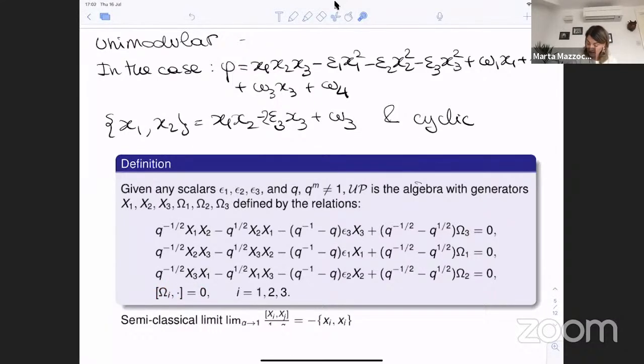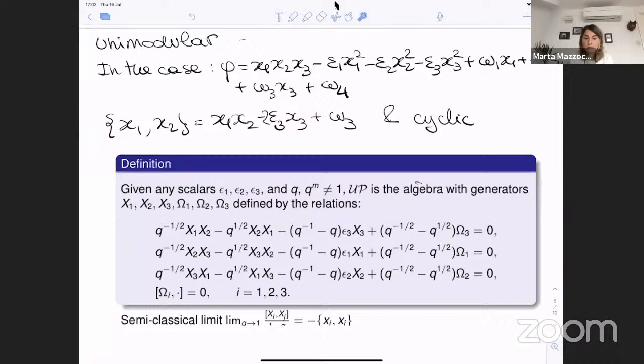And then we quantize this relation in this form. So what we have is that the Poisson bracket is quantized to a commutator of operators, but because there is a quadratic term here, essentially we find the quantum commutator. Then we have the linear part, which will correspond to this term, and then the constant part, which corresponds to this operator omega 3.